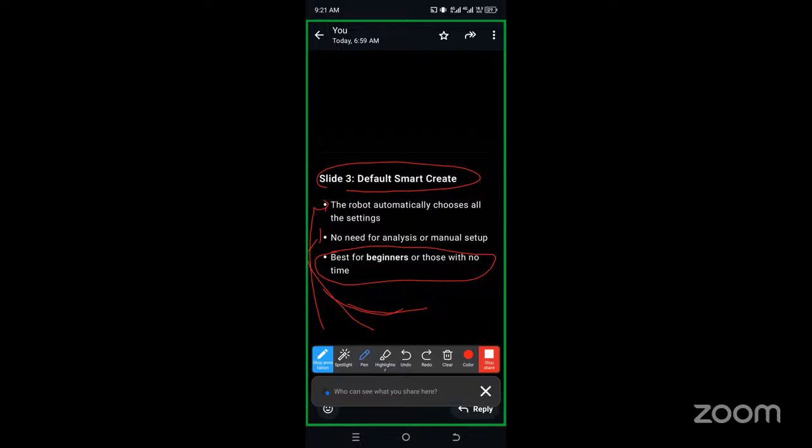You can switch your trades that you are doing manually, or with technical analysis, and just transfer it to default Smart Create, and the robot works for you. You are making money in other areas of business, and here the robot is at work. This default Smart Create is suitable for those two: beginners or people with no time.